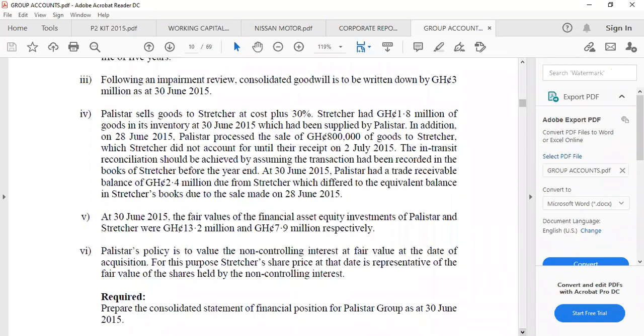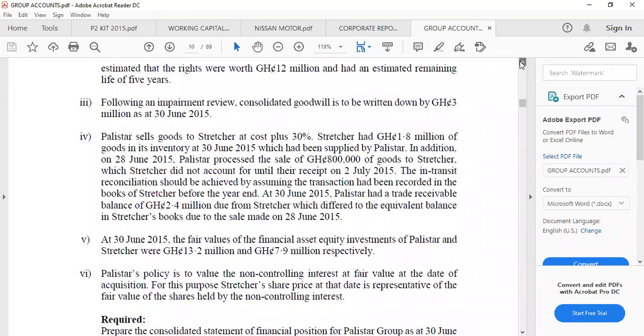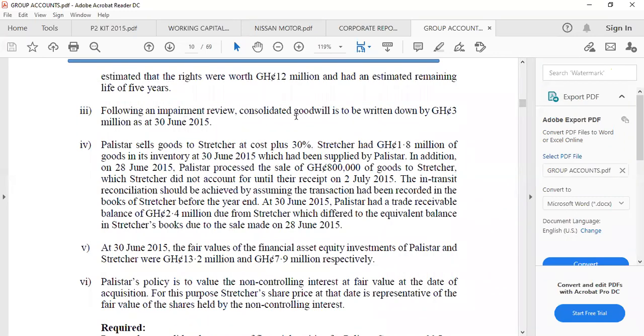Okay, let's read through and see whether we have any other things to do for the net asset table now. Following the impairment review, consolidated goodwill is to be written down by this. No problem. Polyester is the one selling. At the date of June, the fair value of the financial equity investment of Polyester and Stretcher were this and this. Polyester's policy is to value the non-controlling interest at fair value at the date of acquisition.